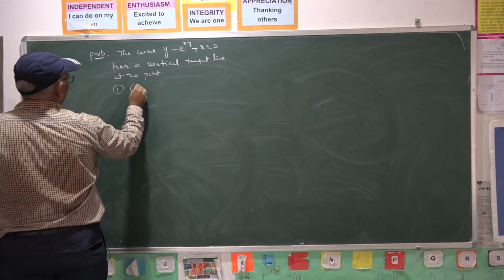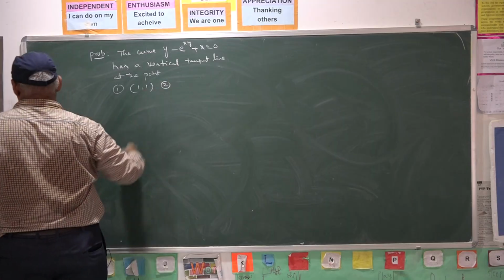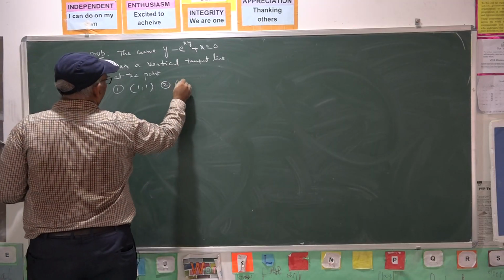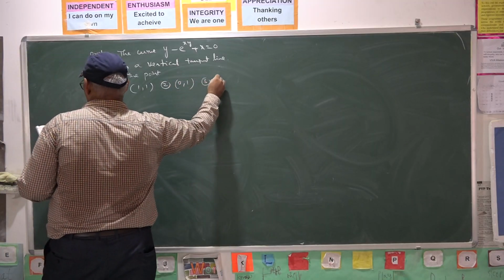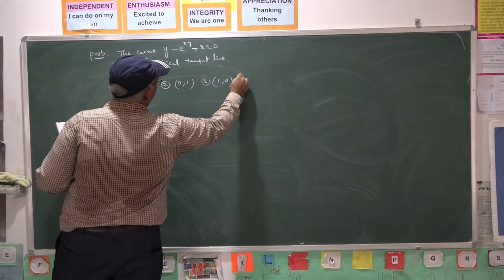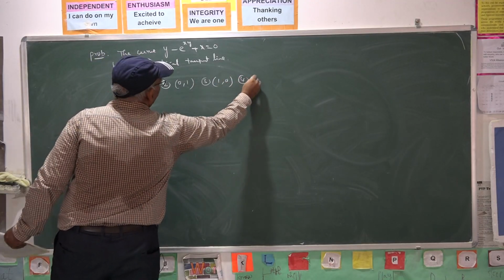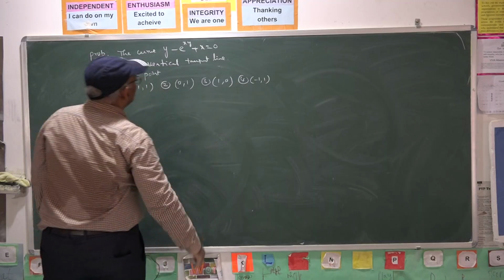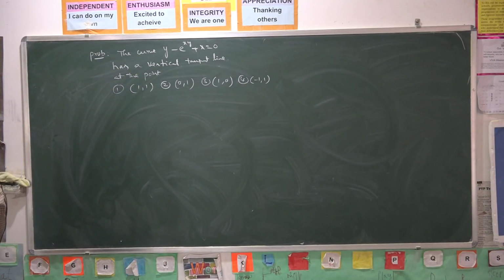The options are (1, 1), (0, 1), (1, 0), (minus 1, minus 1). At what point is the tangent line vertical to the curve? That is the problem here.